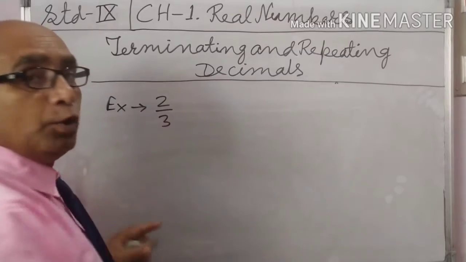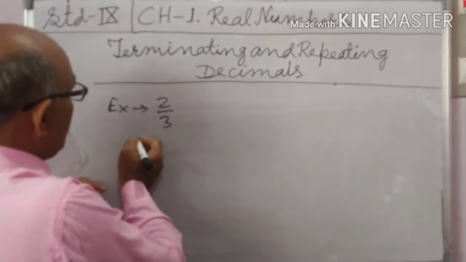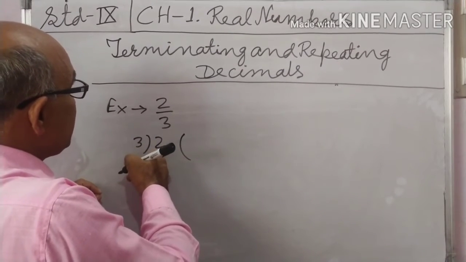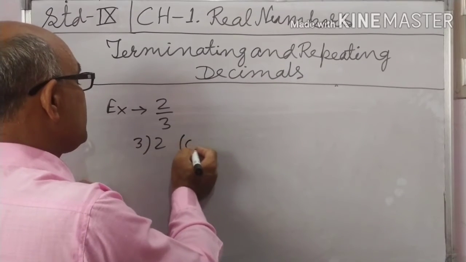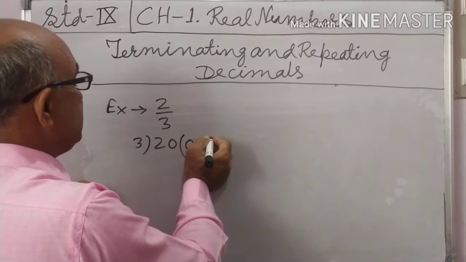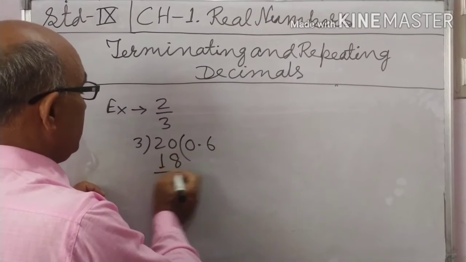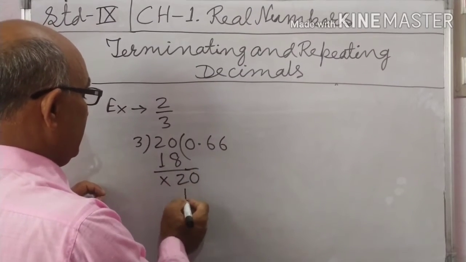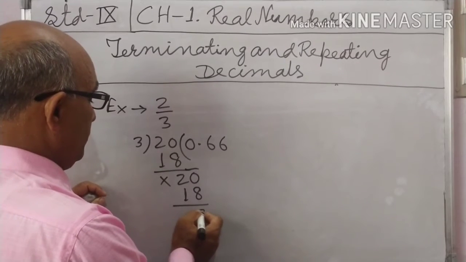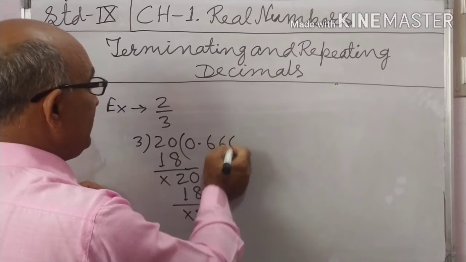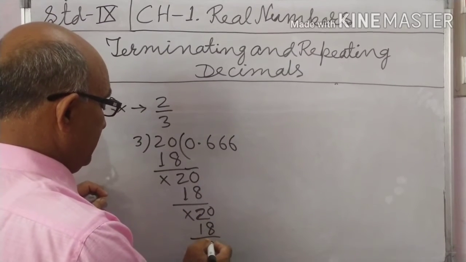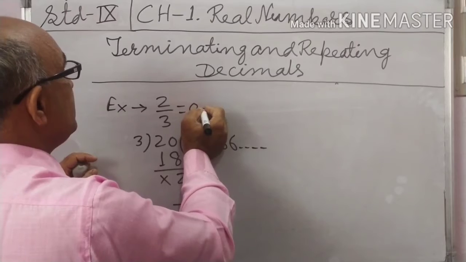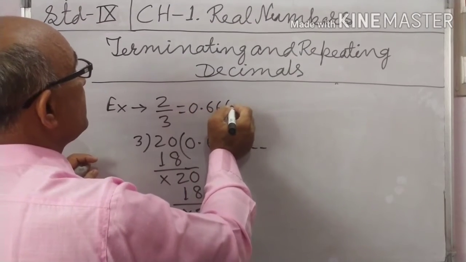2 by 3. 2 by 3 is a rational number. So 2 divided by 3. 2 is less than 3, so put a decimal, 0. 3 sixes are 18. 20 minus 18, 2. Again 3 sixes are 18, remainder 2, and so on. So 2 by 3 means 0.666 and so on.